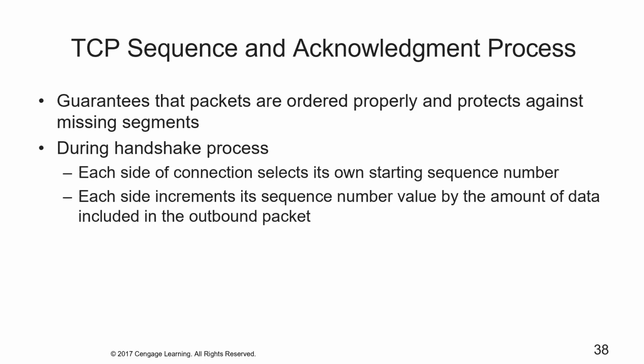The TCP sequence acknowledgement process guarantees that the packets are in the right order and have all the segments. During the handshake, each side of the connection selects a starting sequence number, and each side increments the sequence number by the amount of data in the outbound packet.